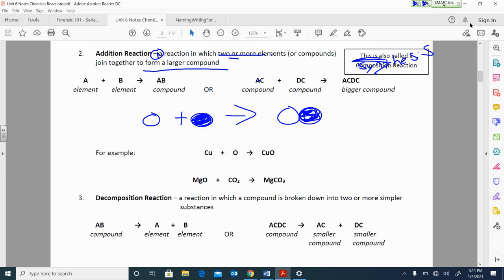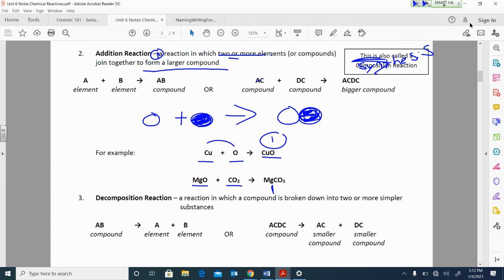So for example, if I have copper and that copper rusts with oxygen, so oxygen's outside and it's rusting the copper, it will turn into copper oxide. So little things made one bigger thing. I could also have a compound like magnesium oxide that bonds with carbon dioxide and makes one bigger compound, magnesium carbonate.